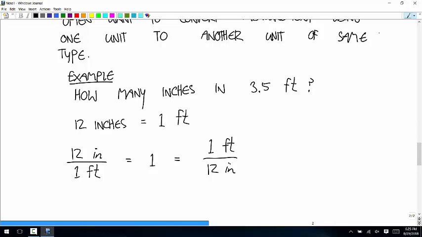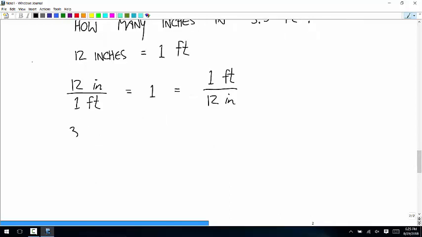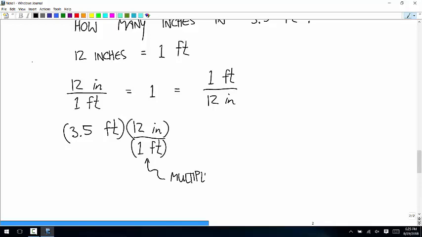Okay. So we have 3.5 feet, and I'm going to multiply it by 12 inches divided by 1 foot. Multiplying by 1 doesn't change the quantity.